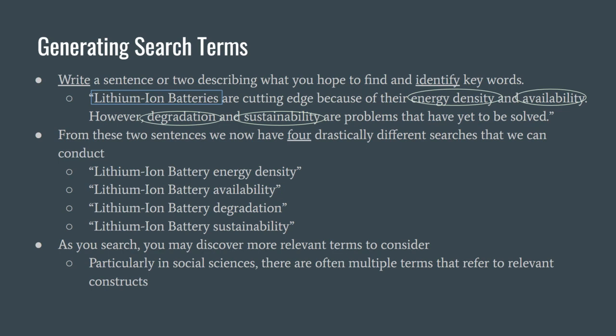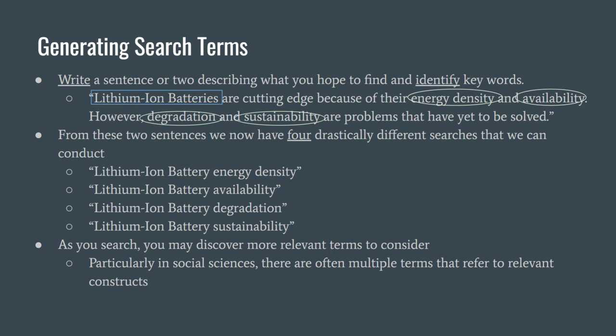Obviously I need to include lithium-ion batteries if I'm being specific about what I'm looking for. And then I'm looking at energy density and availability. And then, however, degradation and sustainability are problems. As you go through and you see this sentence, it's a really long sentence. If I just try to stick that in Google Scholar or something, your results are going to go crazy, or you're going to have none at all because you have too much there.